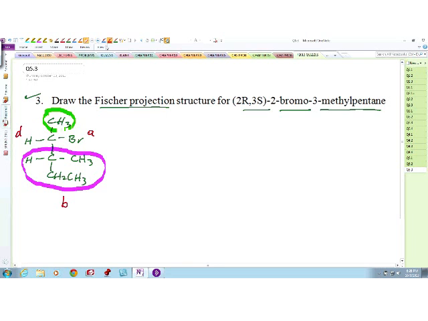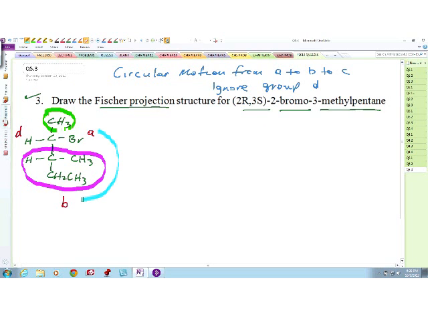So now what do we do? You make a circular motion from A to B to C, and you completely ignore group D. I'm sorry about that, this is supposed to be C right here.